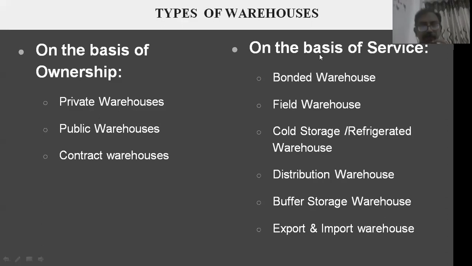An export and import warehouse is at every dock or shipping yard, and also at airports. Export and import warehouses are used to store the items which need to be exported or which have come from abroad or have been imported. So this is the categorization of warehouses on the basis of service they are providing.